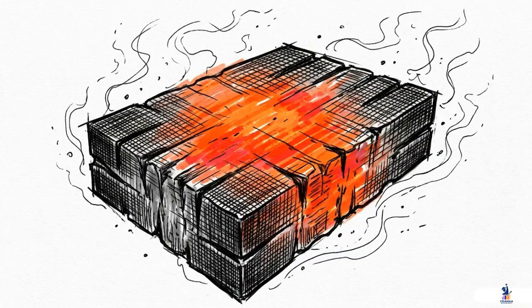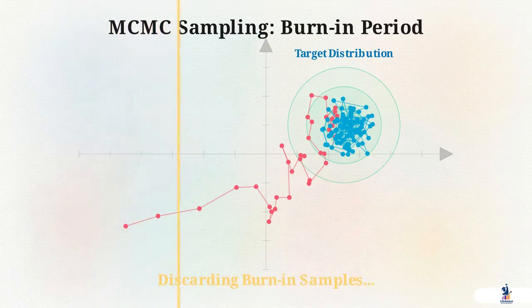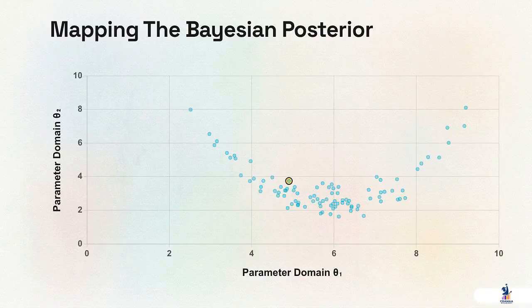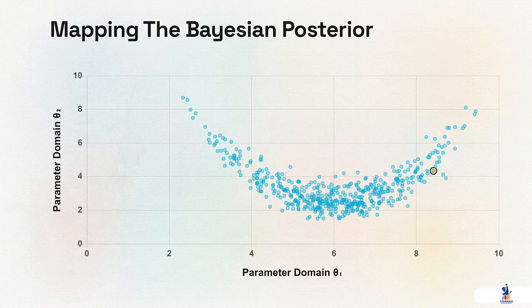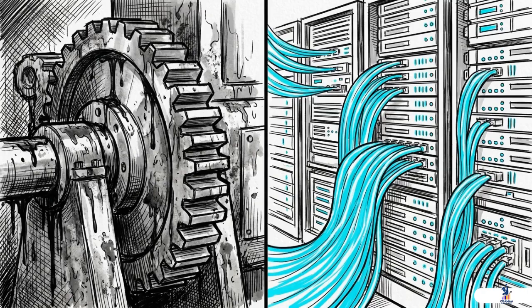To correct for this, statisticians enforce a burn-in period. We let the algorithm run for thousands of iterations, intentionally discarding these early samples until the influence of the starting state fades. Once burn-in is complete, the chain has converged. Recording the particle's ongoing path from that point forward yields samples that accurately represent the intractable Bayesian posterior.